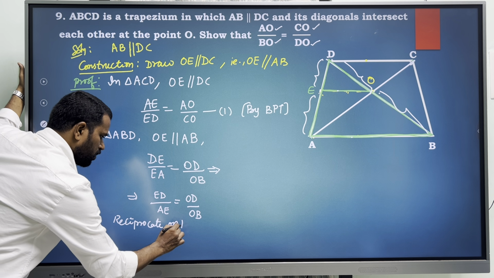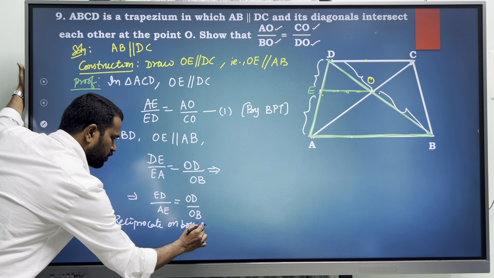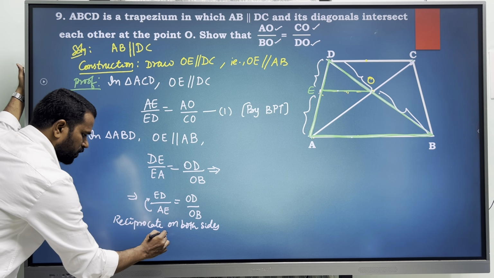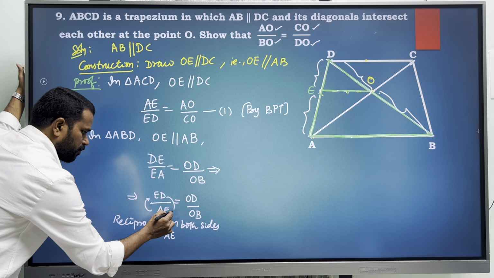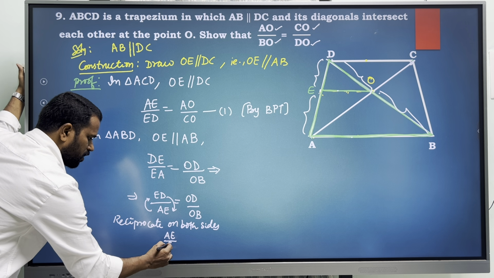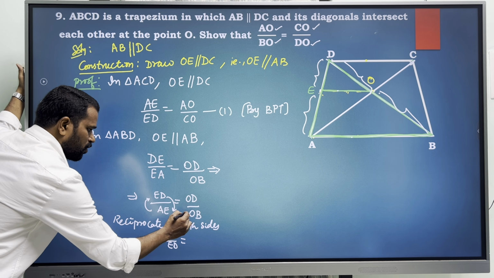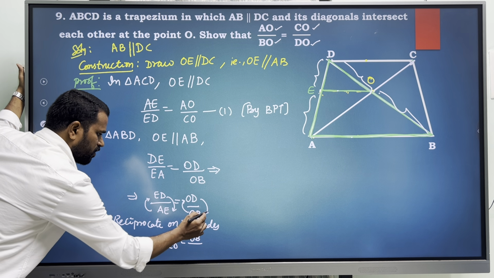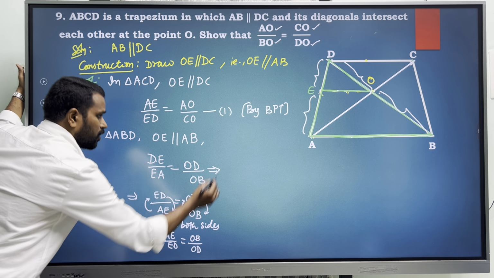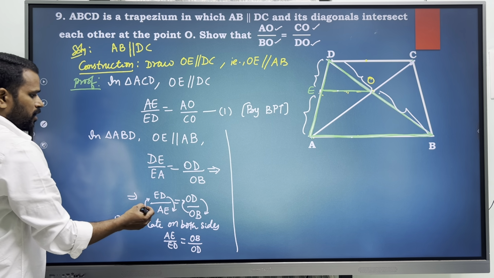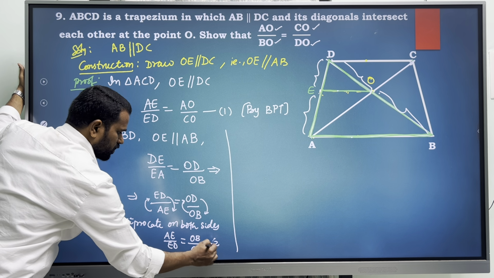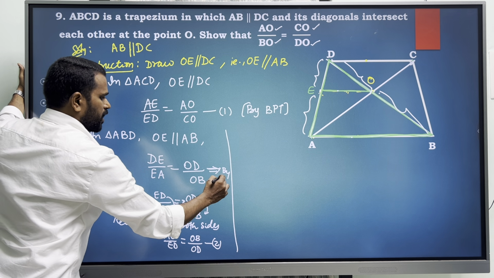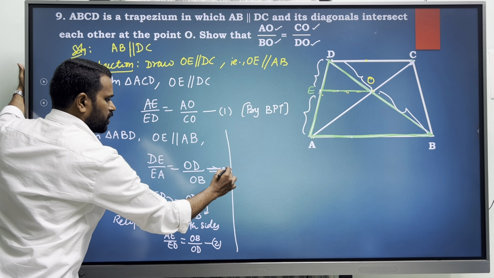So AE by ED is equal to OB by OD. Let us take this as equation 2. We are writing this by BPT.